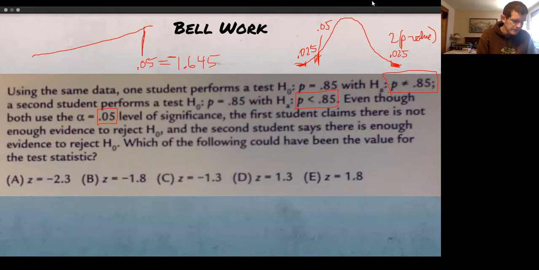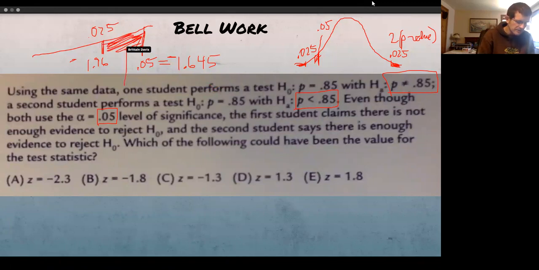Now, the critical value at the 0.025 level is 1.96, negative 1.96. So I'm really looking for a Z statistic that falls in this range right here, where, to clarify, this would be a Z statistic.